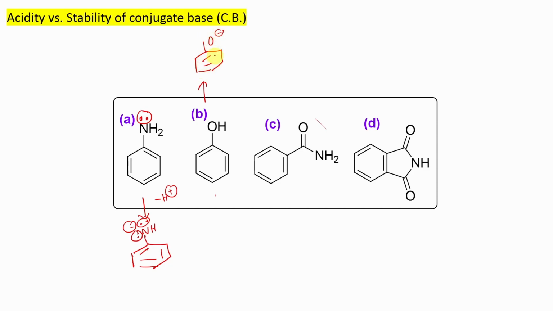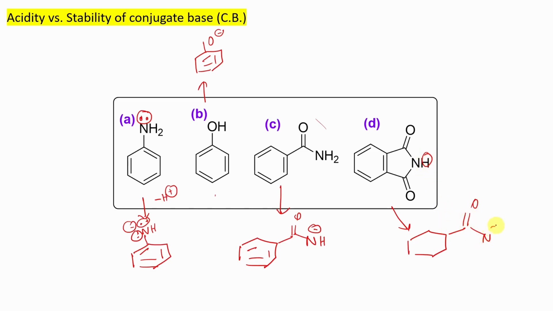If you look at the third option, amide, proton abstraction will happen from the NH, so this is NH minus. The fourth one, in the same way, this proton will go and ultimately produce N minus. Now as I told, the conjugate base theory, remember it's a thumb rule: the more the stability of the conjugate base, the higher the acidity.